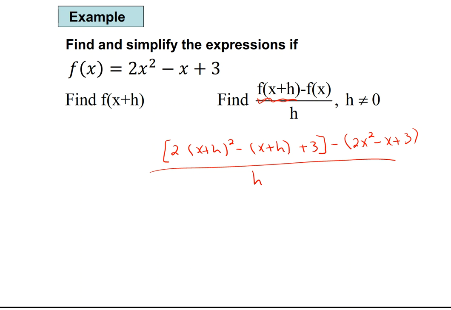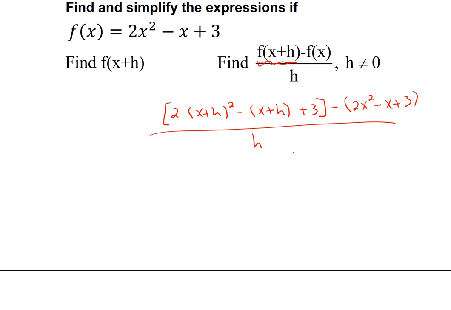So just like the previous problem, the (x plus h) squared, I will rewrite that by using that rule, (a plus b) squared: the first term squared, plus 2 times the terms, plus the last term squared. So x squared plus 2hx, plus h squared.